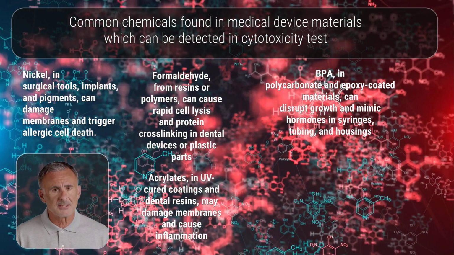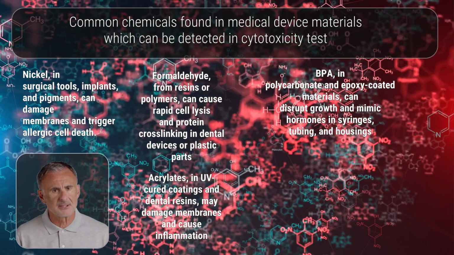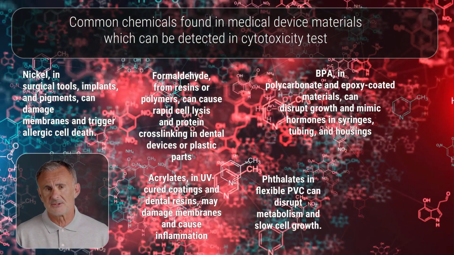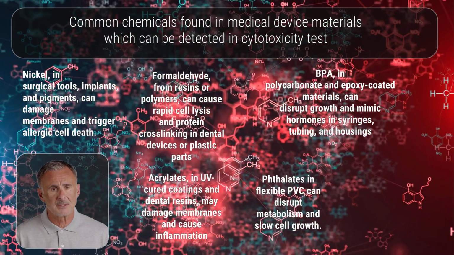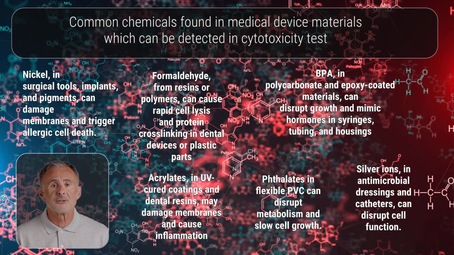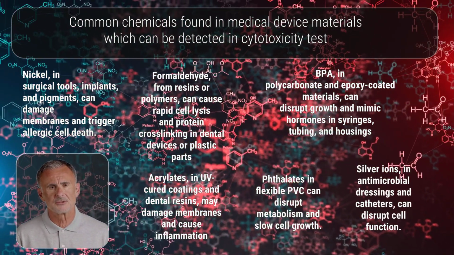Acrylates in UV-cured coatings and dental resins may damage membranes and cause inflammation. Phthalates in flexible PVC for tubing, catheters, and blood bags can impair metabolism and slow cell growth. Silver ions in antimicrobial dressings and catheters can disrupt cell function.